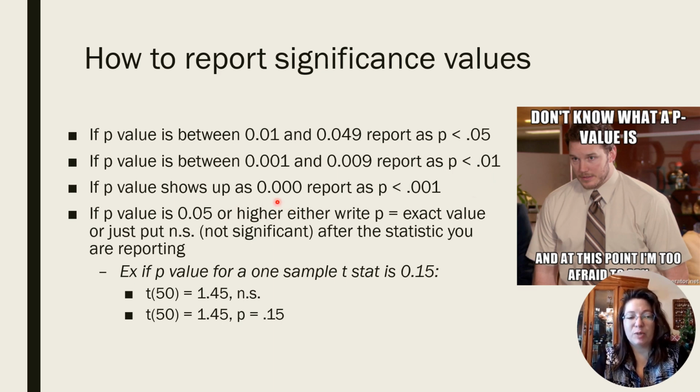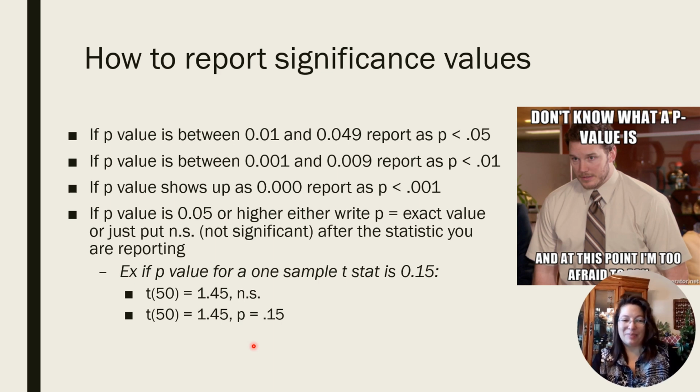And if it's showing up as 0.000, we're going to report it as less than 0.001. If it's higher than 0.05, so if it's not statistically significant, we're either going to write NS for not significant, or we're going to write the exact p-value, all right?